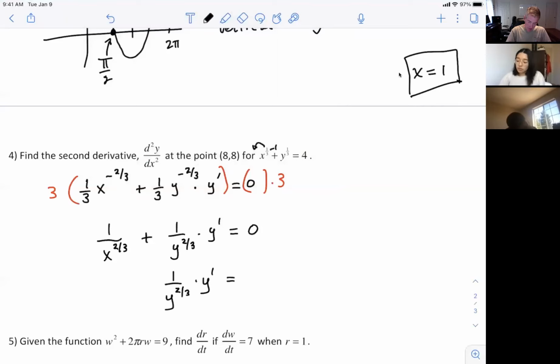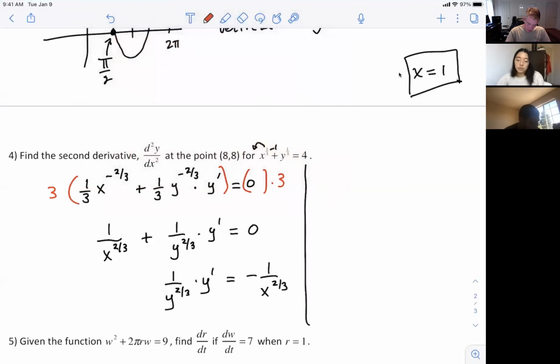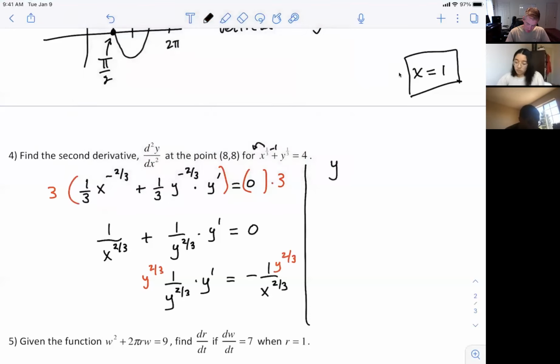And then the next thing to do is subtract the 1 over x to the 2/3 from both sides. And then to solve for y prime, multiply both sides by y to the 2/3. So on the left, the only thing that remains is y prime.